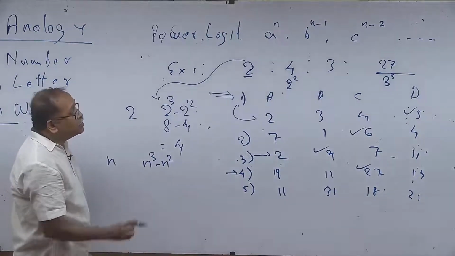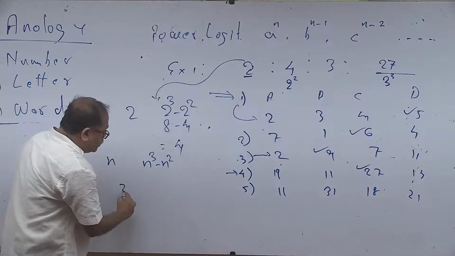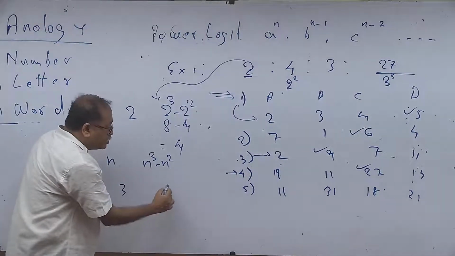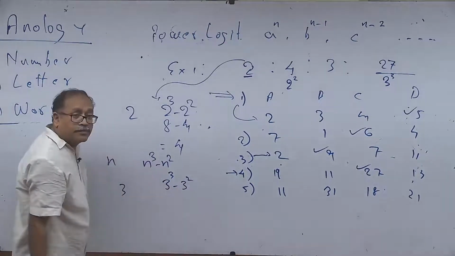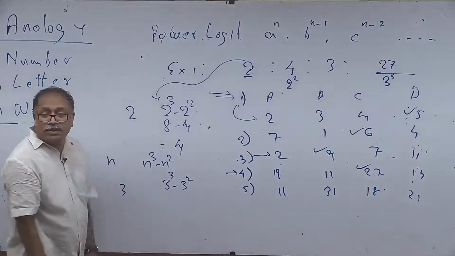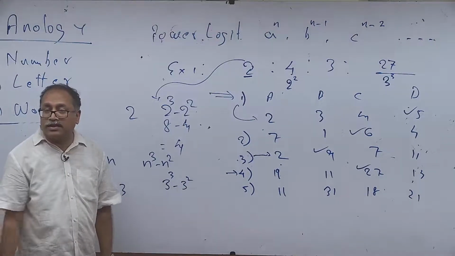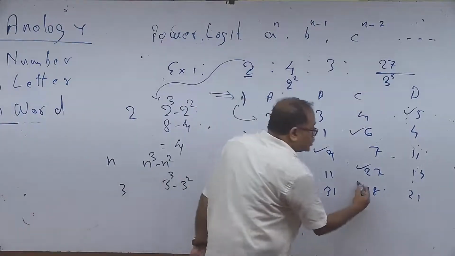Yes or no? In the same case, if this is 3, then this should be 3 cube minus 3 square. And 3 cube is 27 and 3 square is 9, 27 minus 9, 18. So that way this could be our answer.